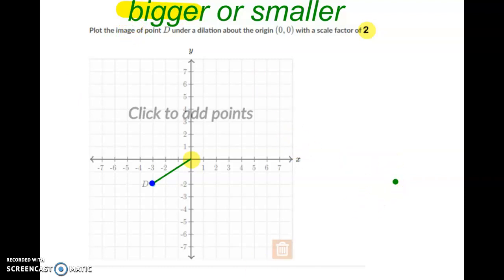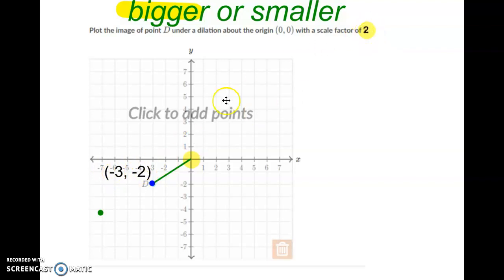So now the question is, where are you going to drag that dot to? Obviously it comes along here, this distance twice as big. How do I figure out exactly where that is? It'll help if I look at the ordered pair. That blue dot is at (-3, -2). What we find is I can just take this scale factor and multiply it by the ordered pair.